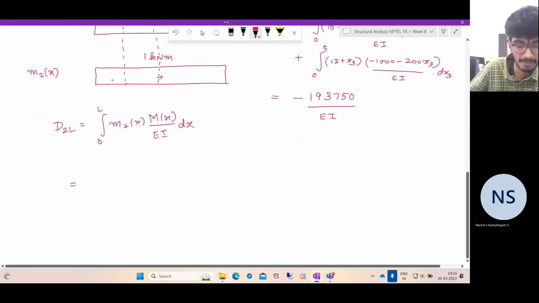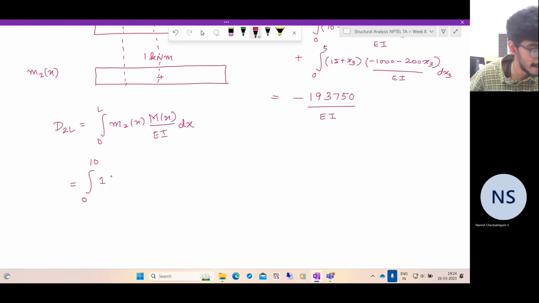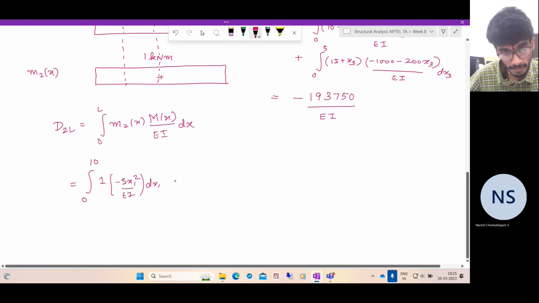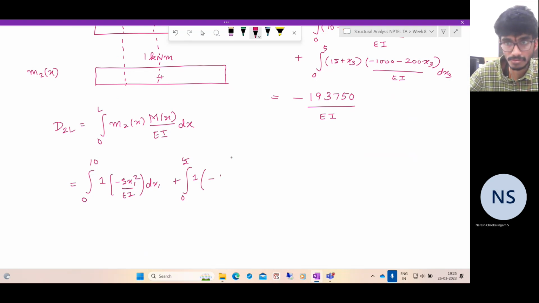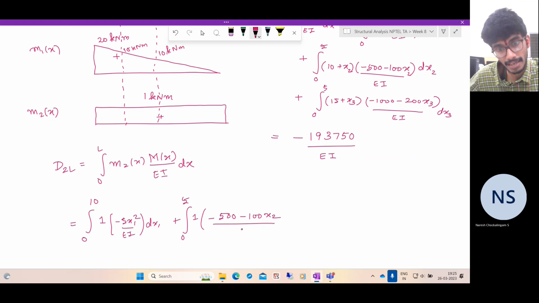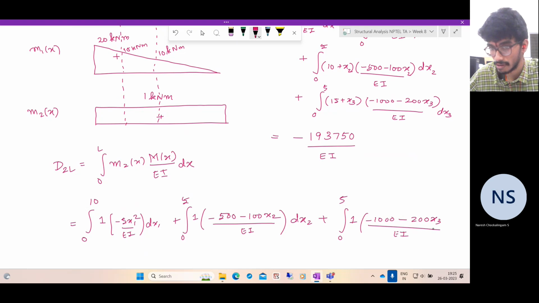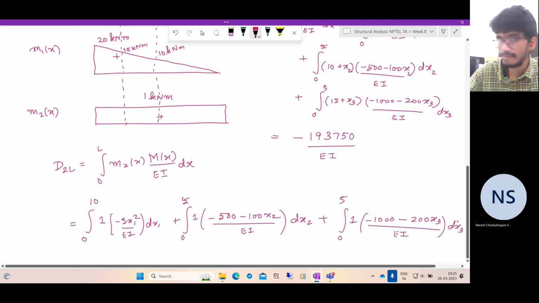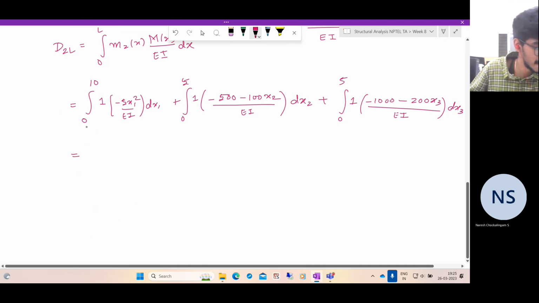So it is the integral 0 to 10 of 1 times minus 5x1 squared by EI dx1, plus the integral 0 to 5 of minus 500 minus 100x2 by EI dx2, plus the integral 0 to 5 of 1 times minus 1000 minus 200x3 by EI dx3.